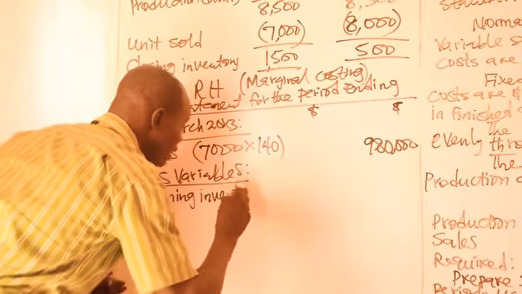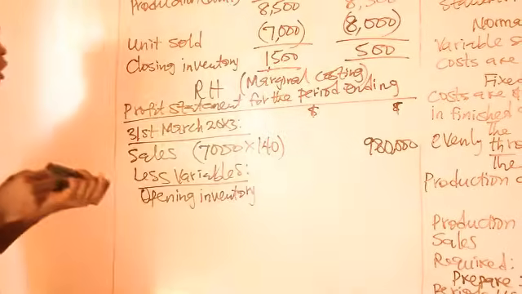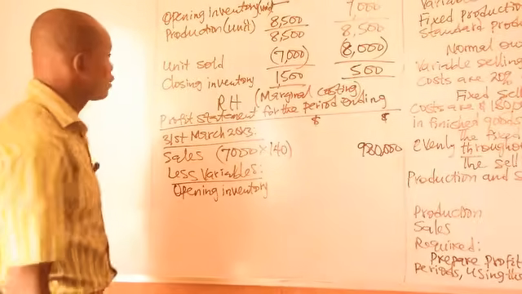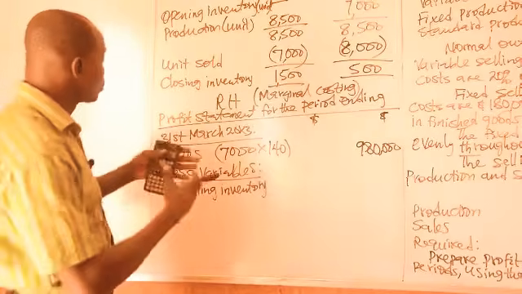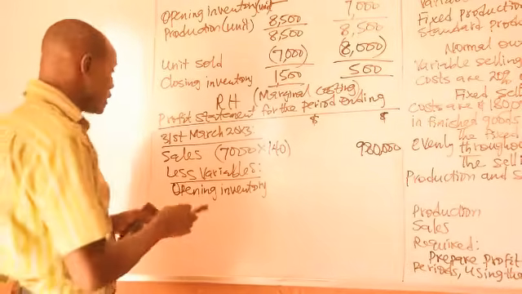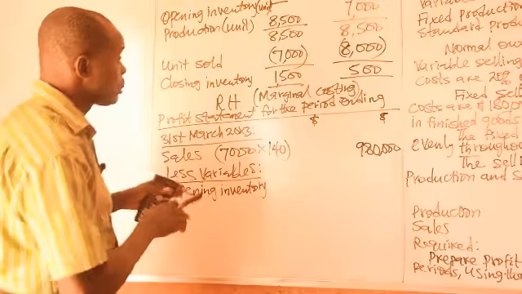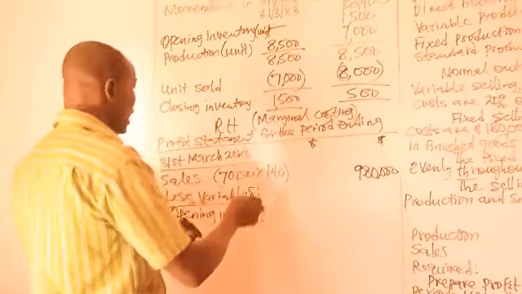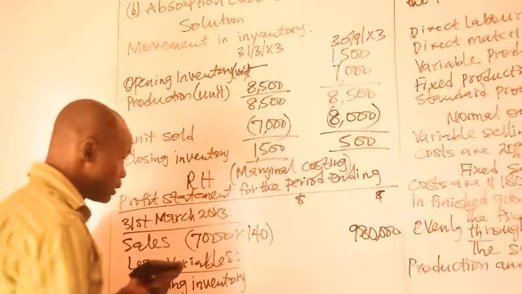Your inventory under marginal costing will be valued at the variable production cost, those variable costs that relate to production. You don't consider the non-production. You must use variable cost only. There is no opening inventory in the first period, so you put dash.